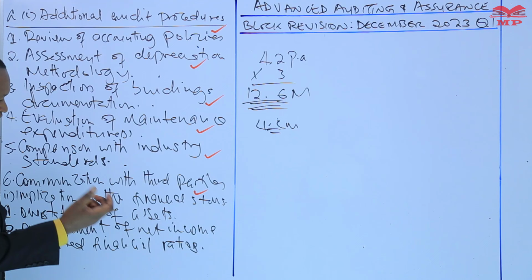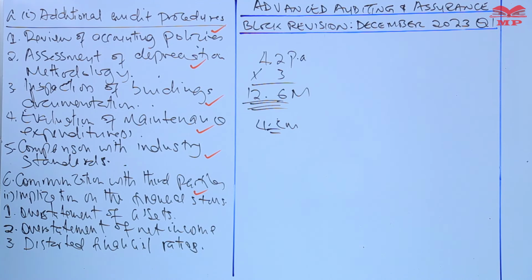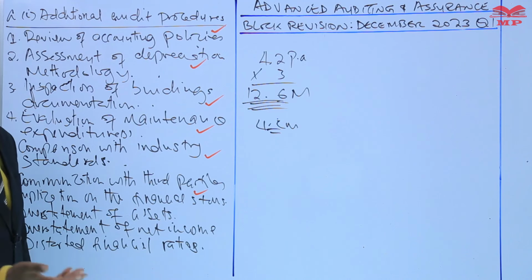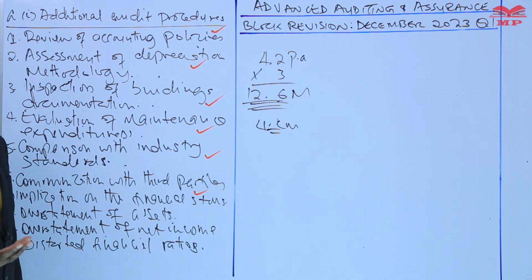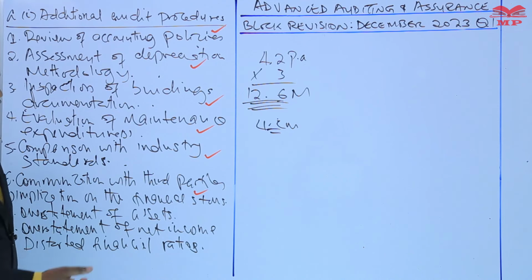You may have other ratios like return on capital or return on capital employed, which is calculated by getting the ratio between the net profit and sales, or net profit and capital employed.